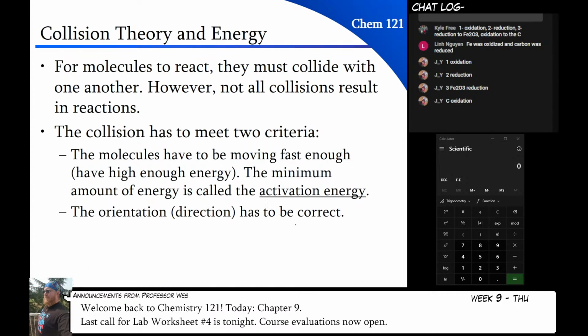Now, here are the phenomena that we need to consider in order for a reaction to occur. So the first condition is that we have to have enough activation energy. Activation energy is the minimum amount of energy for a reaction to occur.